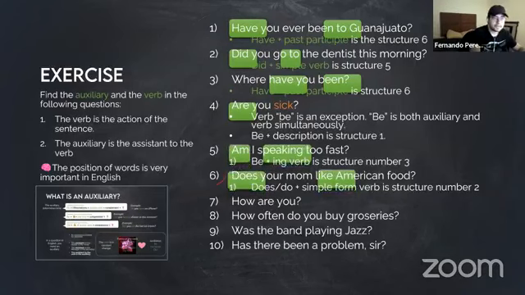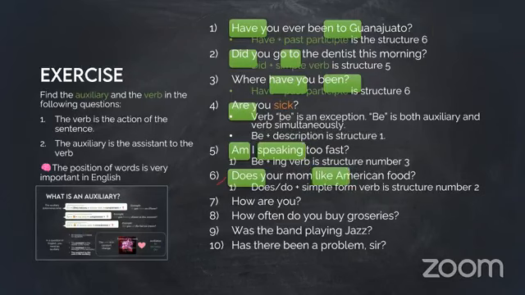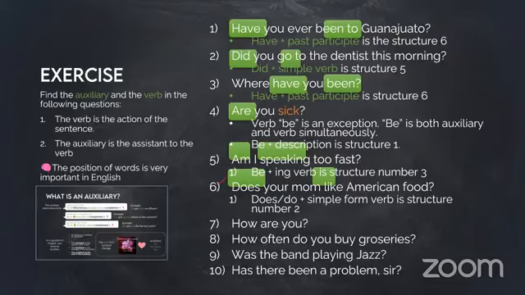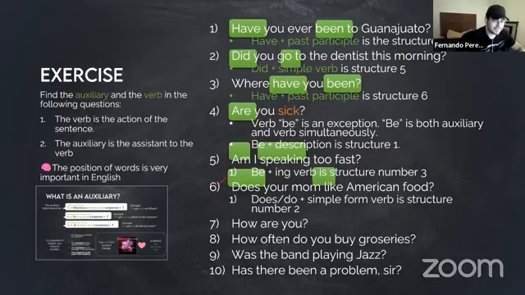Next, Vianney, what's the auxiliary and verb in number 7? Maybe it is the same as number 4. Correct, because it's only the verb be.